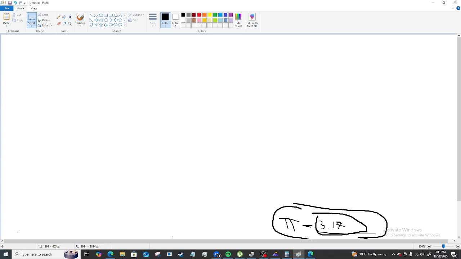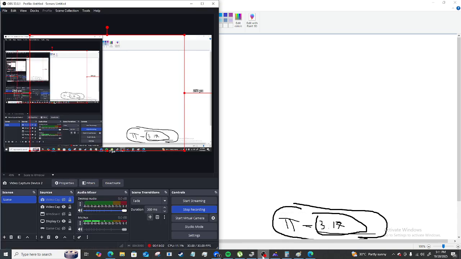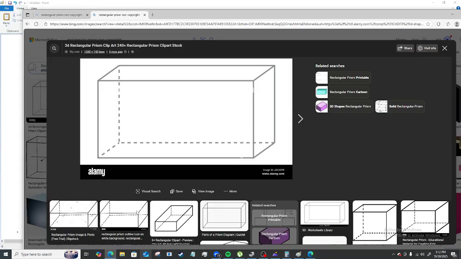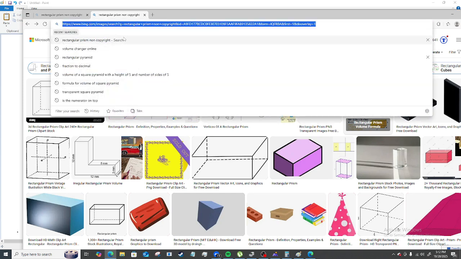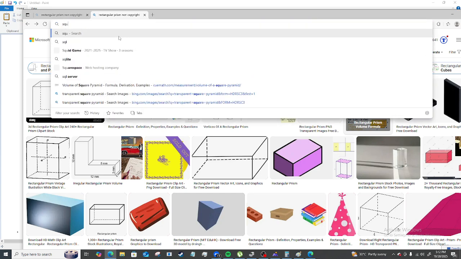Now the next thing we will solve is a square pyramid. I don't really know how to draw a square pyramid. How do you draw a square pyramid? I'll just copy something.